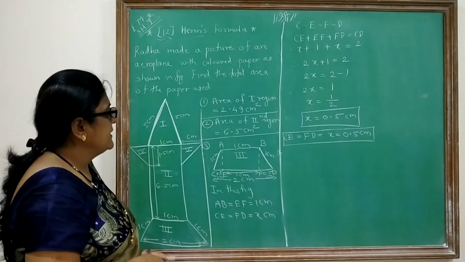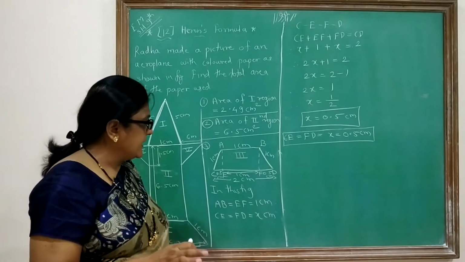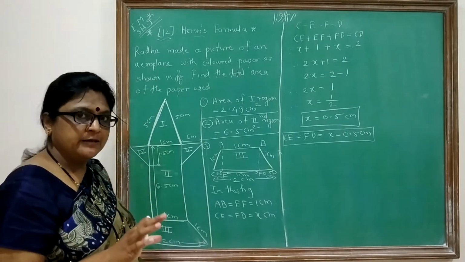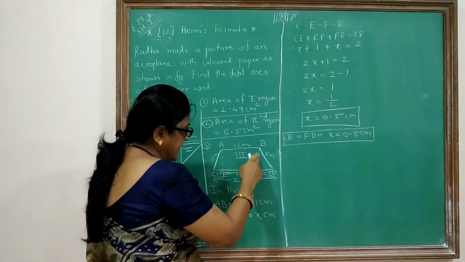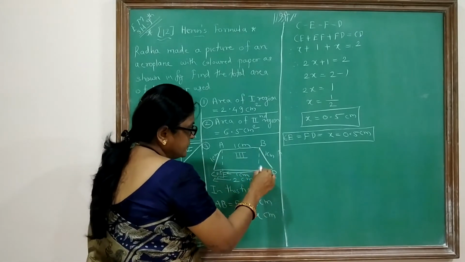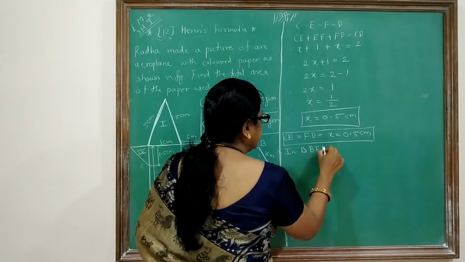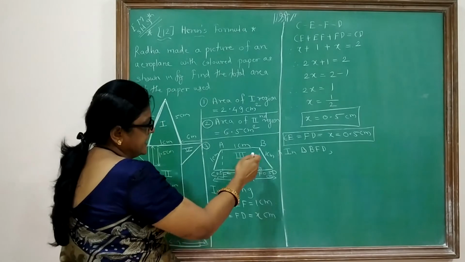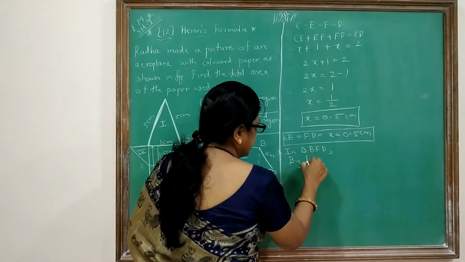Then what is your trapezium formula? 1/2 in bracket sum of the two parallel sides multiplied by its altitude. Means first we will find its altitude. Then suppose in triangle BFD, by Pythagoras theorem.